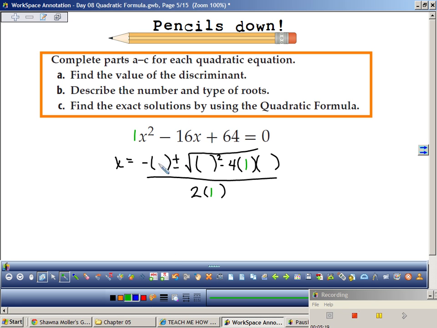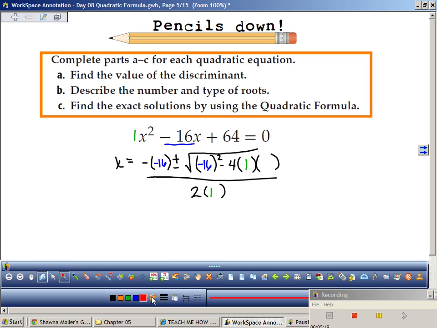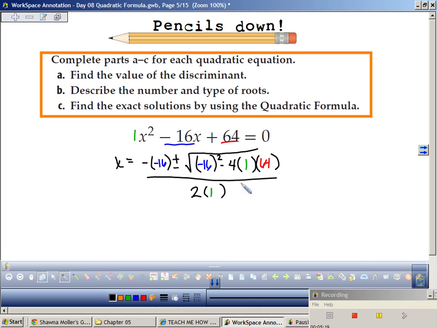My b is negative 16. And my c is 64. First of all, what's my discriminant going to be? What's 16 squared? 256.